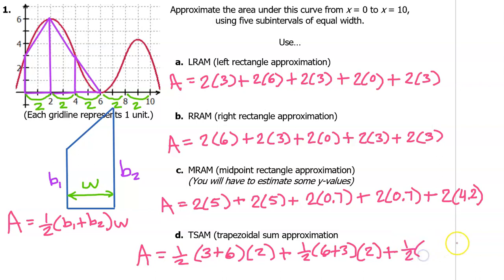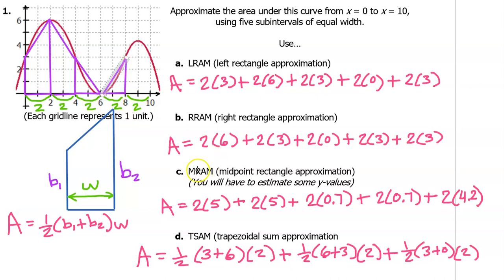So 1/2 base 1 plus base 2. So that's 3 plus 0. And then times the width, which again is 2. It'll be the same situation for the next little trapezoid, non-trapezoid, because we're still here at 0. We can't make a vertical line there. So instead, we will end up making this triangle.